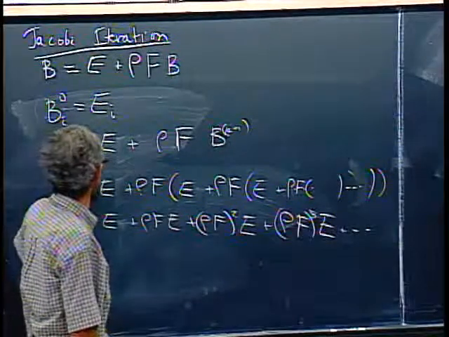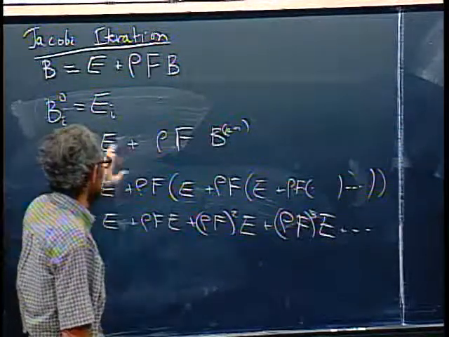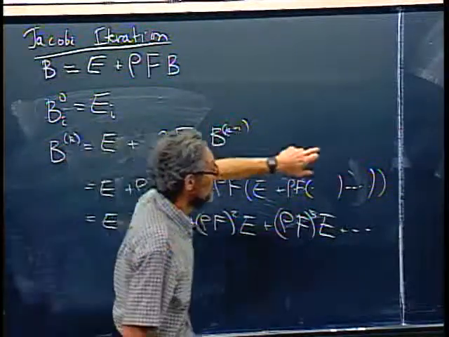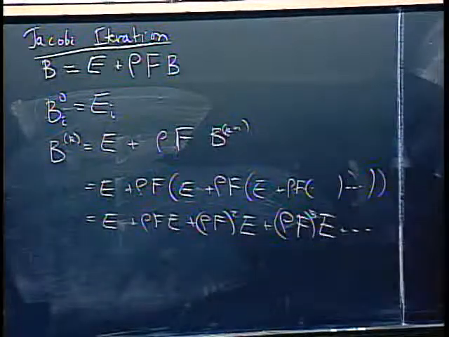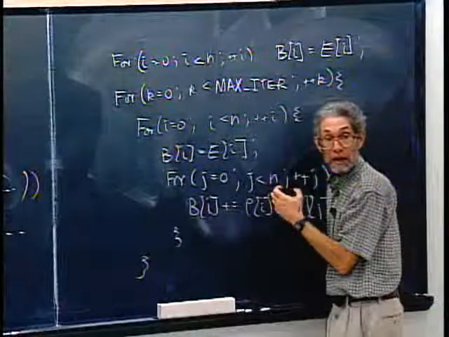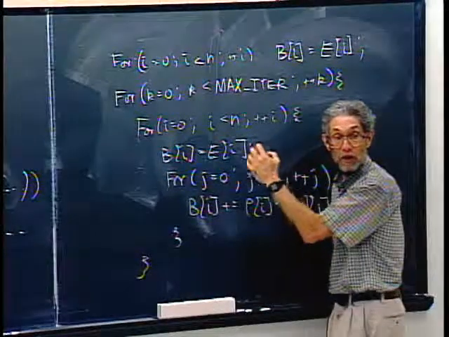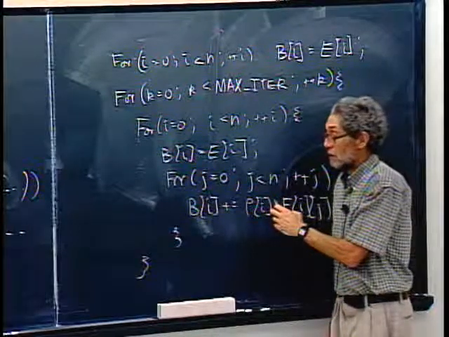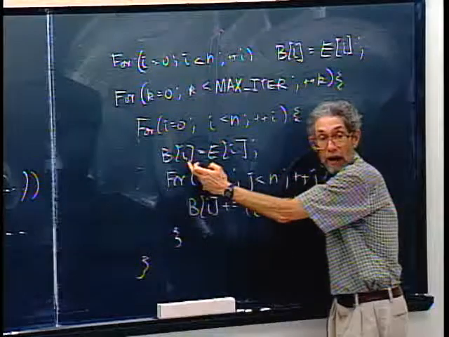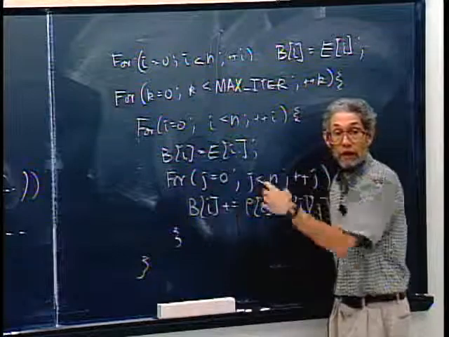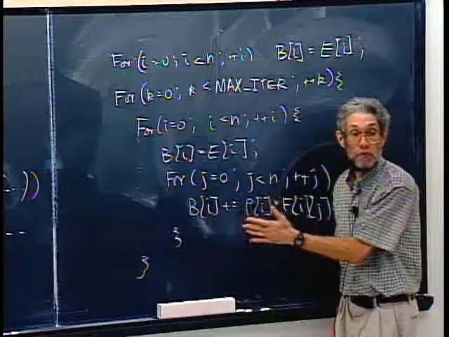Which means every time I compute an iteration 1 answer, I'm using an iteration 0 right-hand side here for the B's. Whereas here, once I compute the new B i applying this loop for i equals 0, now B of 0 is an updated version. It's not the 0th iteration anymore. It's got the first bounce of the light. And similarly, for every i, it's got, in this first iteration, the first i minus 1 bounces of the light from the i minus 1 previous patches.